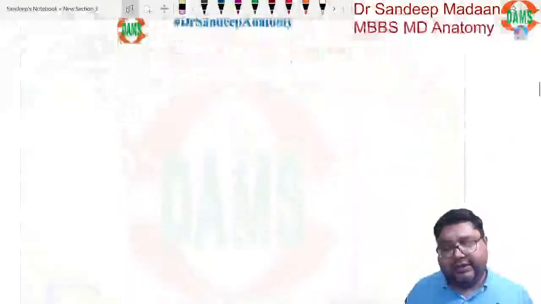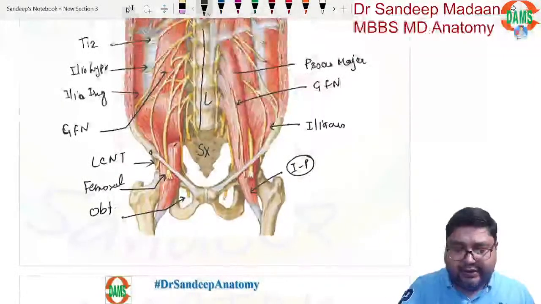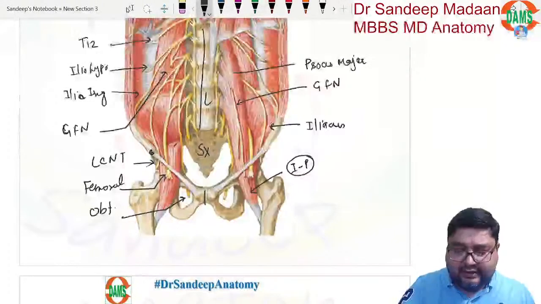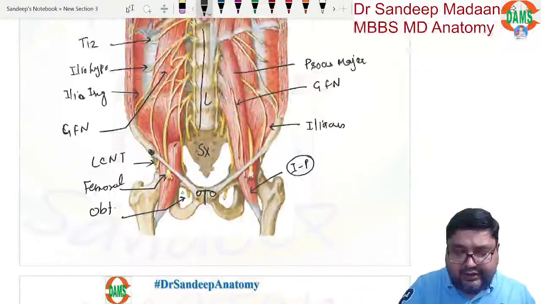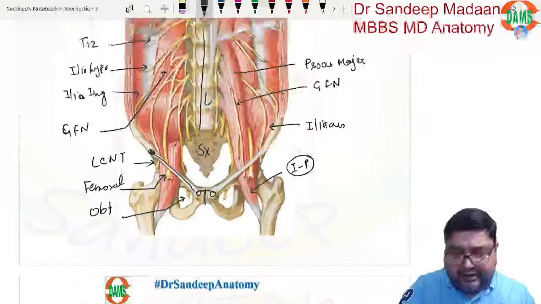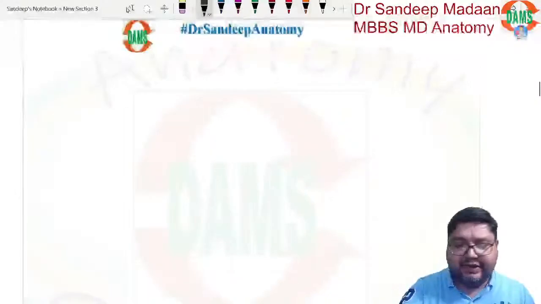Yes. Now dear friends, beyond that, we all know this part is the ASIS, this is the pubic symphysis, this is the pubic crest, and this is the pubic tubercle. Between ASIS and pubic tubercle, you can see the inguinal ligament is attached, correct? So with this basic understanding, let me make this.